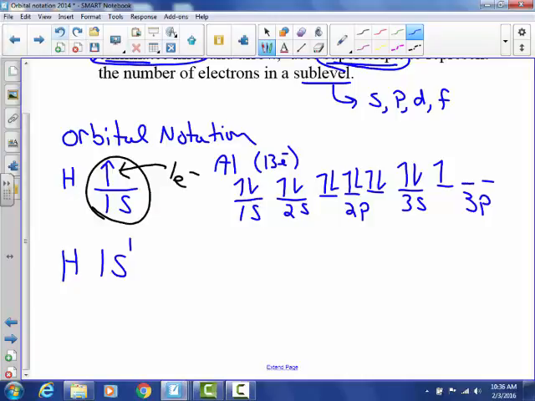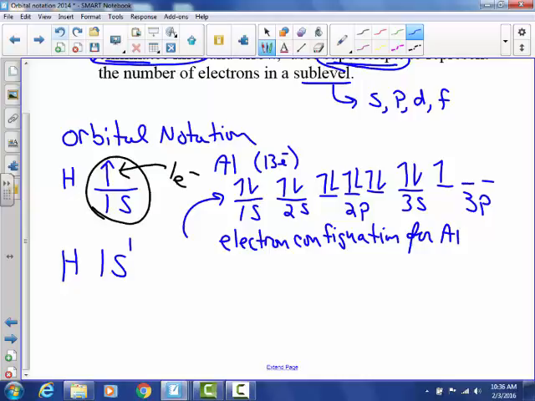So the nice thing with electron configuration notation is if you have the orbital notation, you actually already have the electron config as well. Because if I write the electron config for aluminum, all you do is get rid of the lines and arrows.